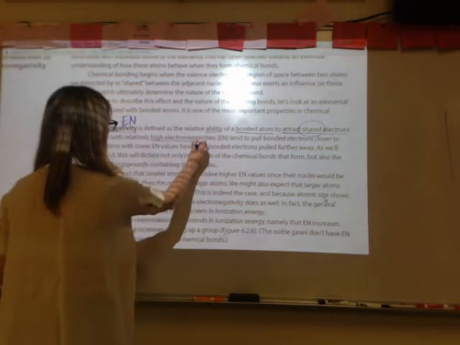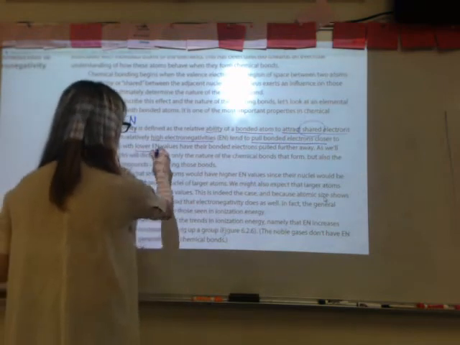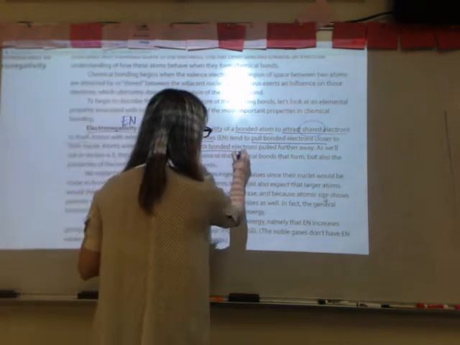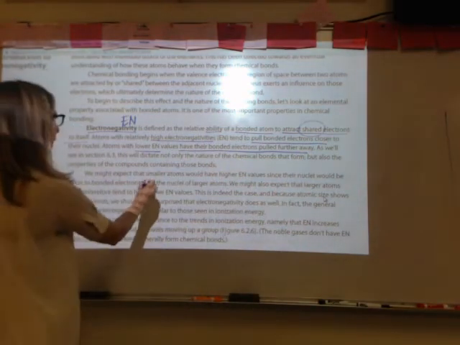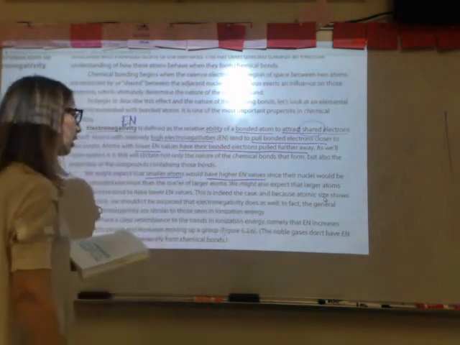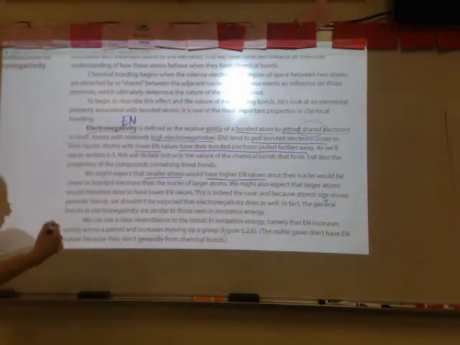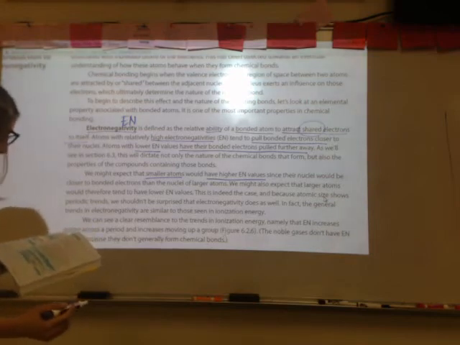Atoms with high electronegativities will pull bonded atoms closer to themselves. Atoms with lower electronegativity values will have their bonded electrons pulled further away. Smaller atoms would have higher electronegativity values because their nuclei are going to be closer to the bonded atoms than the nuclei of larger atoms.